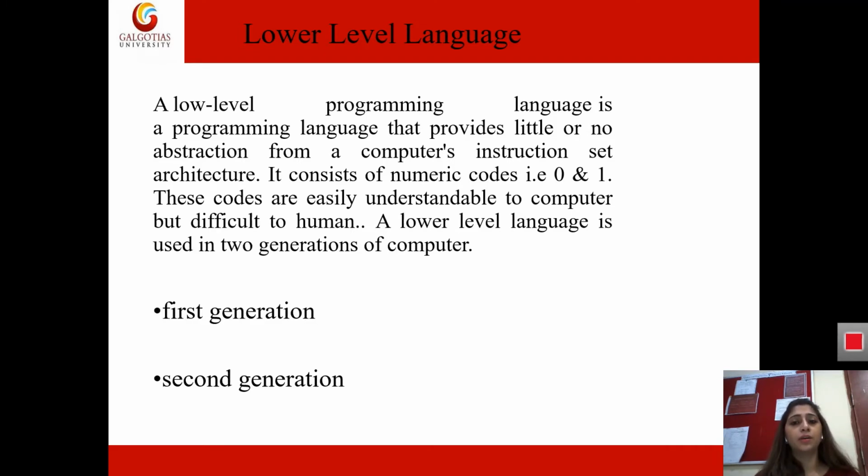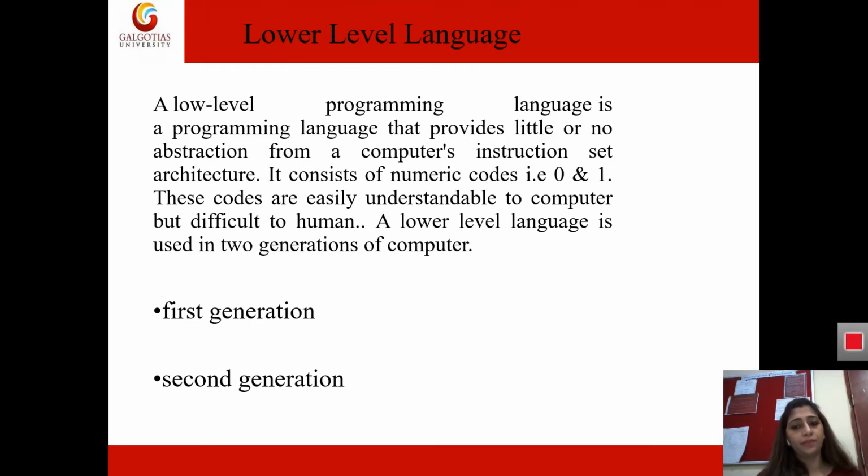Abstraction is when we only know how things are being done, how the organization works, but we do not know the architecture. In low level languages there is zero or no abstraction. It is completely architectural. It tells you how the instructions are executed, and the instruction set is written in the form in which the computer can directly understand.